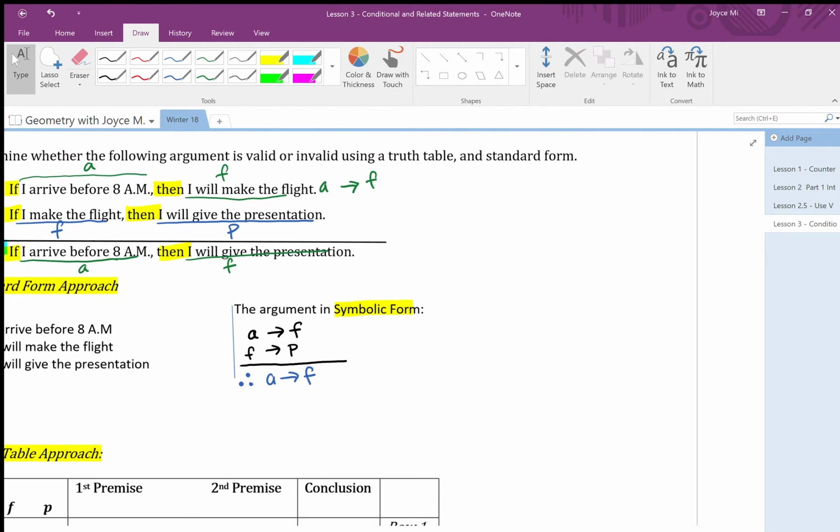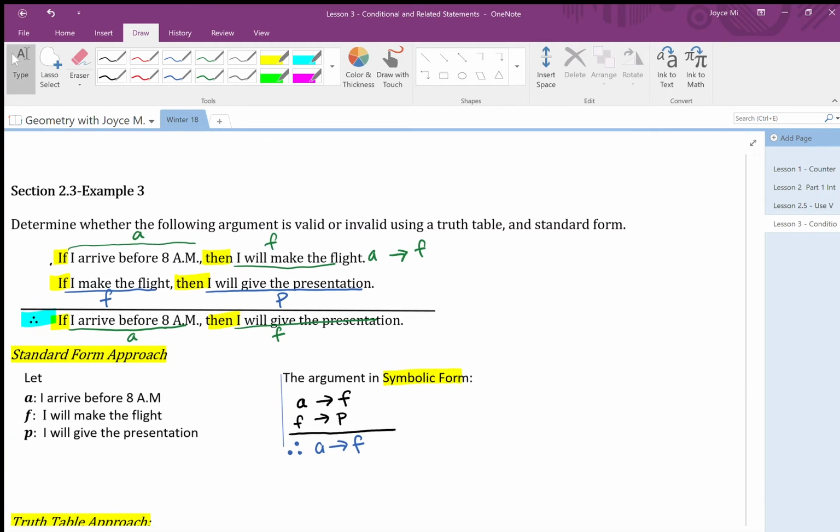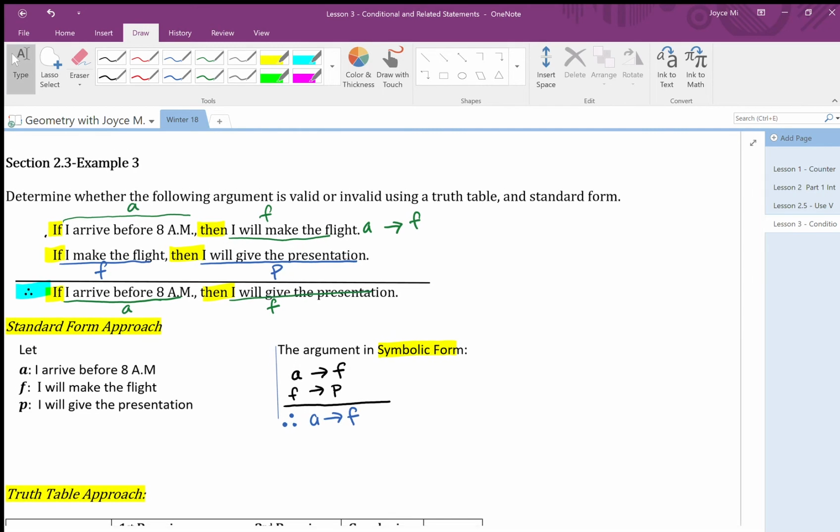So let me write it. So conclusion. This is a valid argument by the law of syllogism.